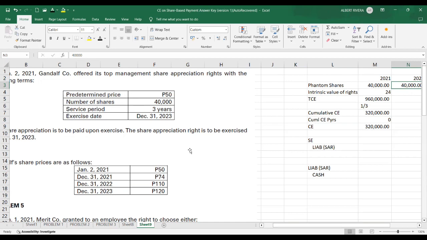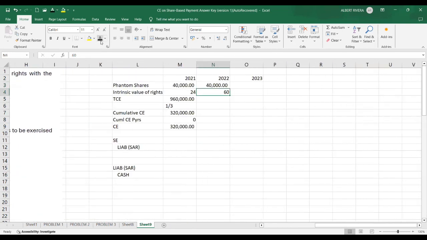Cash settled payments. So the market value of the shares here is 110 minus the predetermined price of 50. And this is what? 60. Okay?